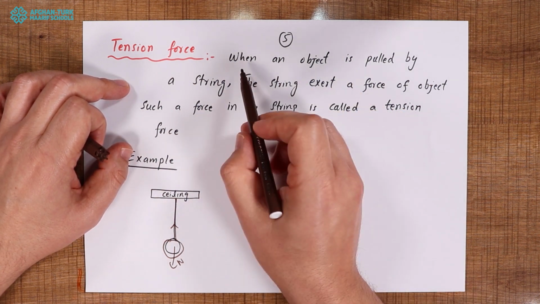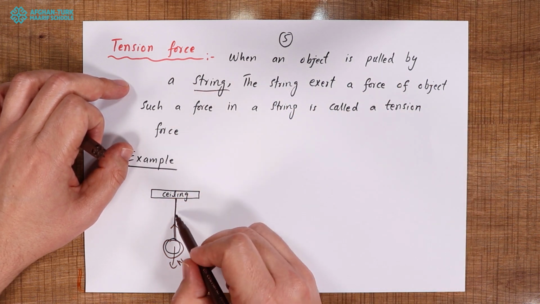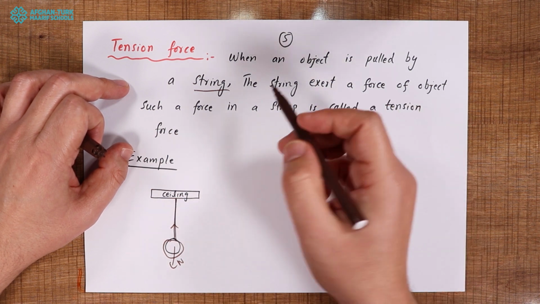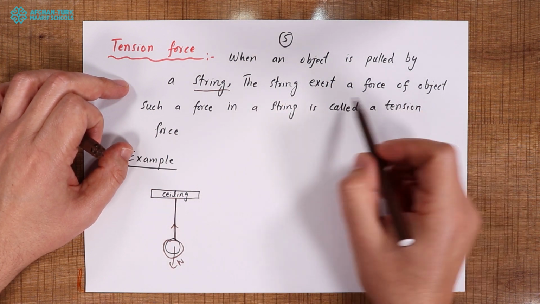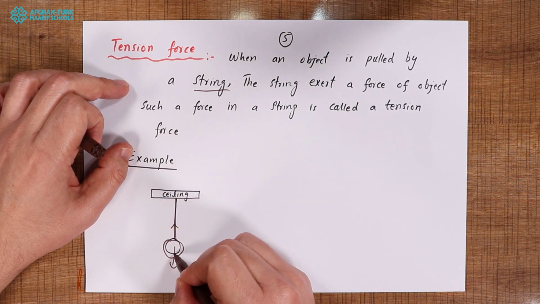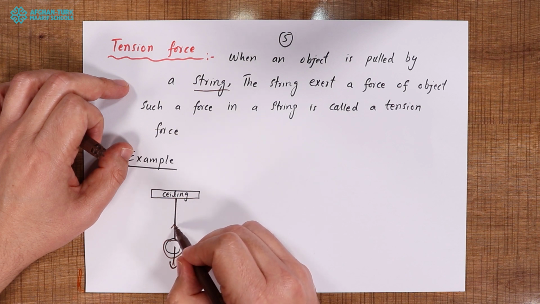Let's see the definition here. When an object is pulled by a string, meaning a wire, a rope, a spring, any type of string, the string exerts a force on the object. This lamp applies a force downward, but the rope or chain applies a force upward. So this is action and this is reaction.